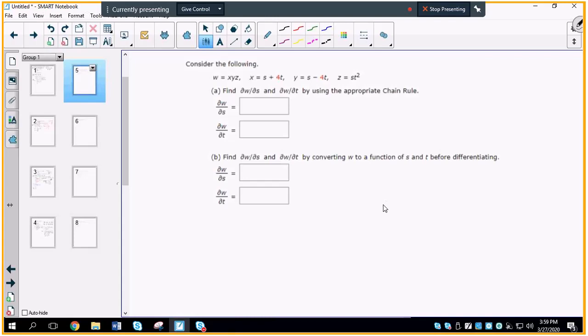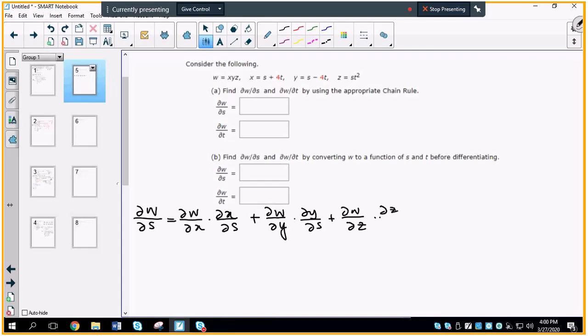As usual, I'm going to first say, since w is a function of three variables and all three of these variables are functions of two variables, s and t, we'll write the chain rule as follows. Del w del s is the derivative of w with respect to x, multiplied by del x del s, plus del w del y del y del s, plus del w del z del z del s.